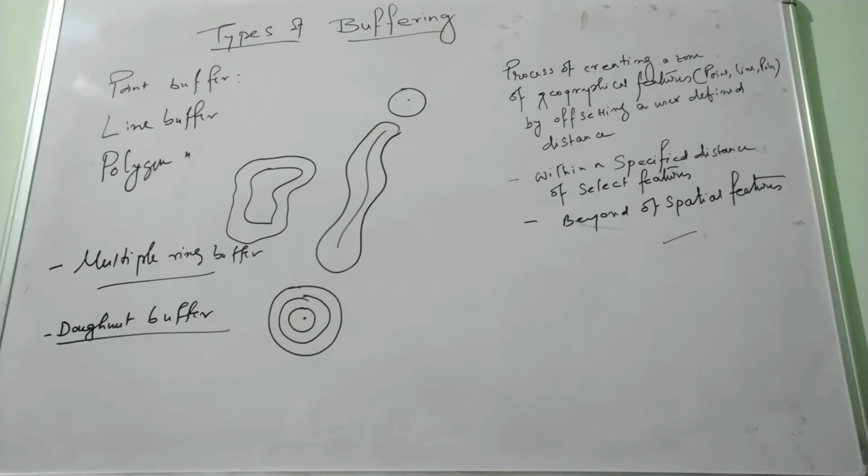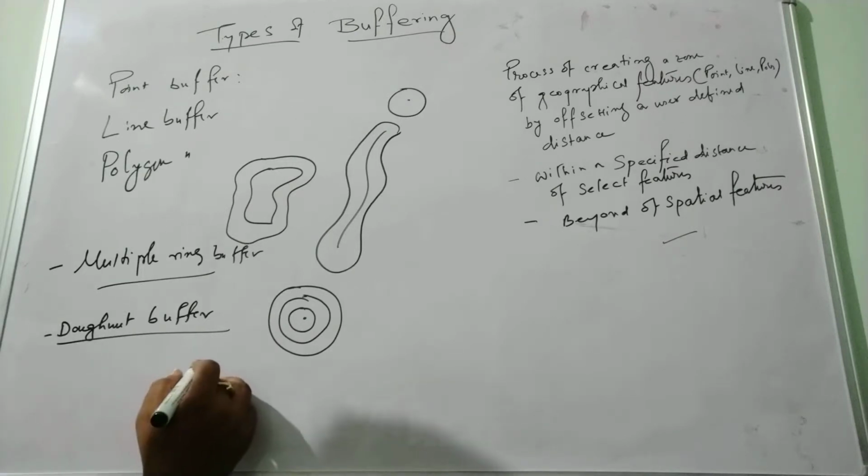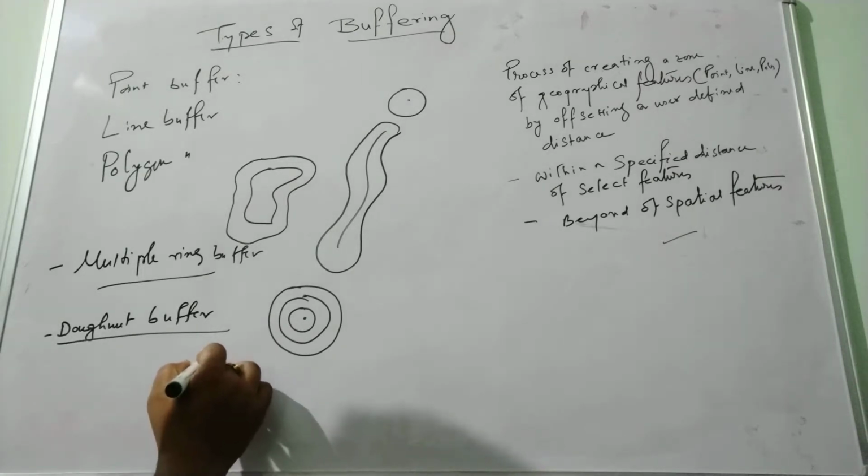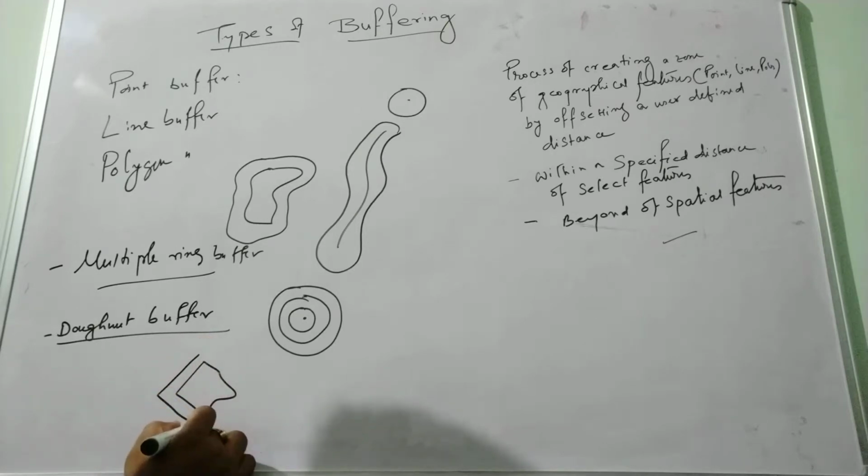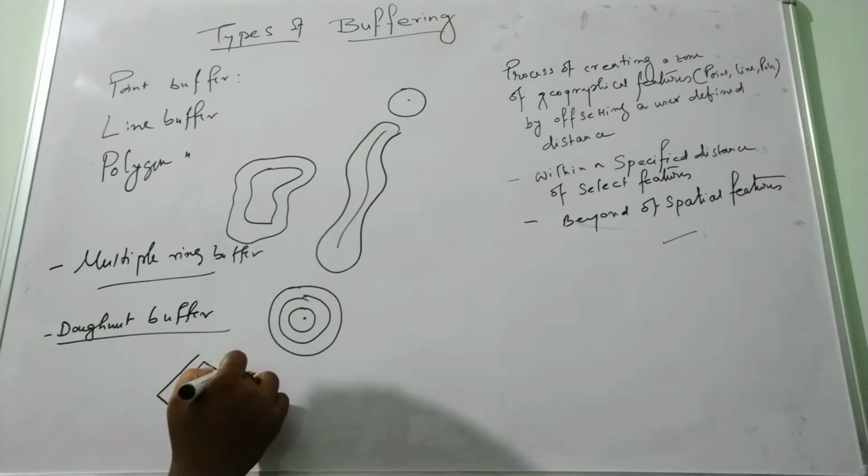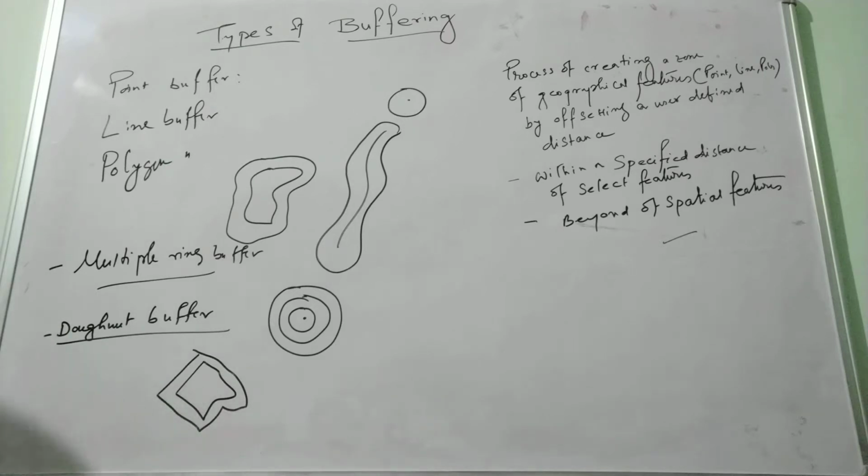Dot not buffer: a buffer around the polygon features that doesn't include the area inside the buffered polygon. This is called the dot not buffer.